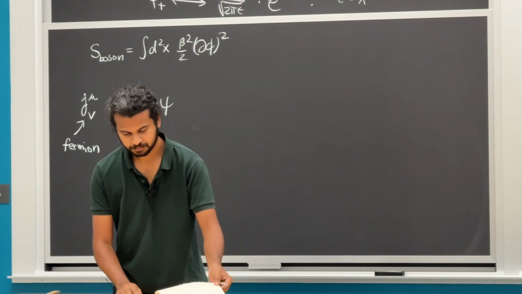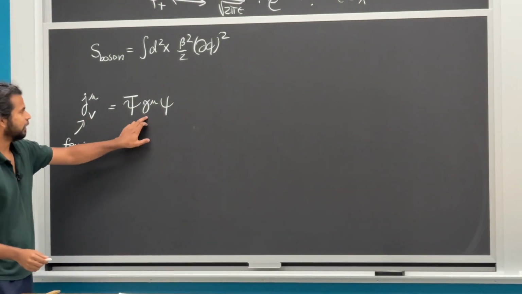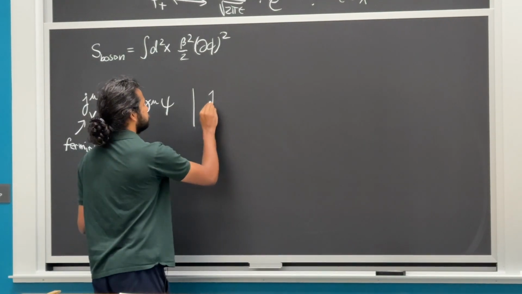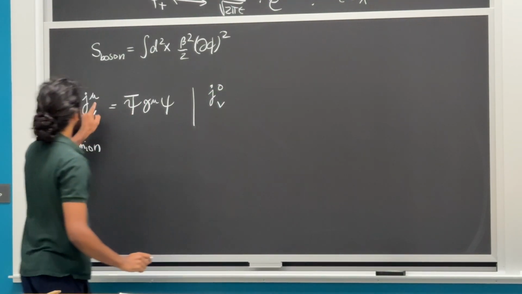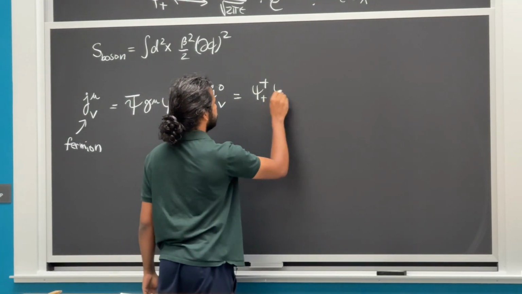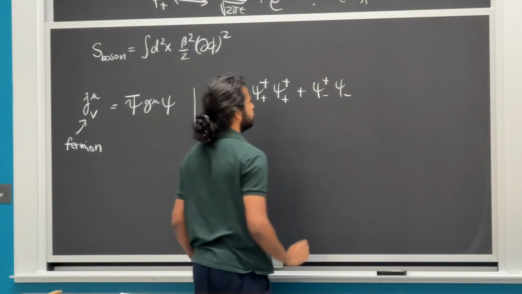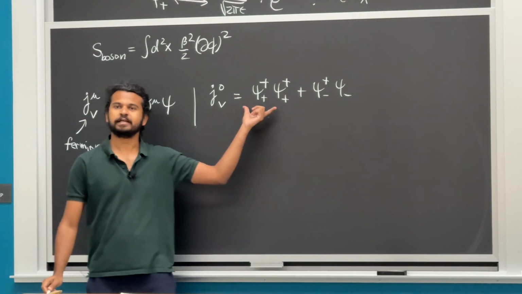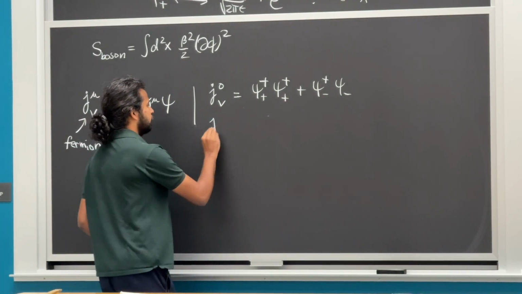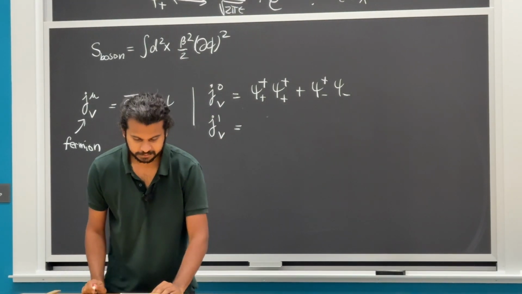Alright, so if we make use of our conventions for what gamma mu's were, we can directly calculate the 0th component to be just psi plus dagger psi plus minus psi minus dagger psi minus, just like number operators for left-handed plus number operator for the right-handed fermions, and the 1 component is... Student: The sign's wrong.